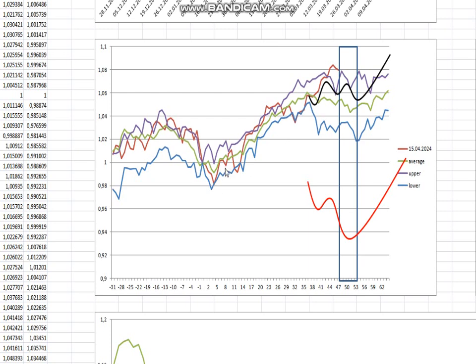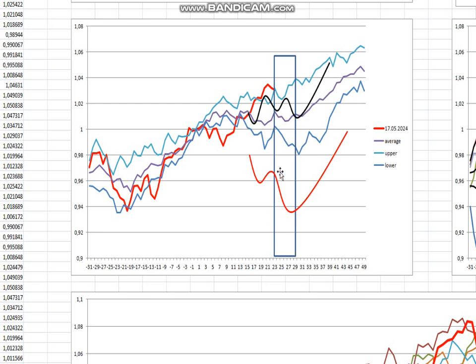So this one was generated down here, and it looks like we are in for some kind of a consolidation here. And the other projection, very similar, looks like we are in for some kind of a sideways consolidation here. You know, this second low could be a higher low.